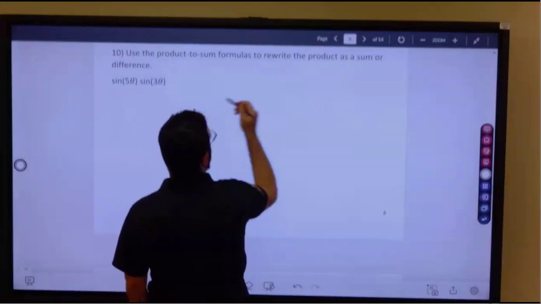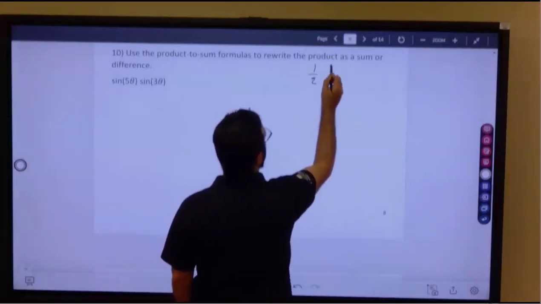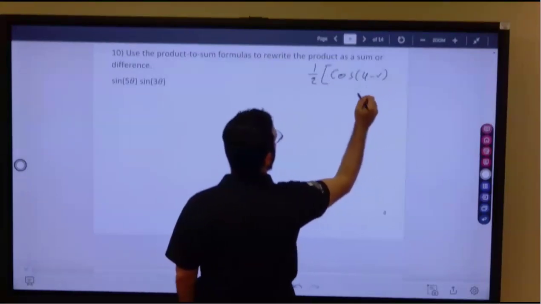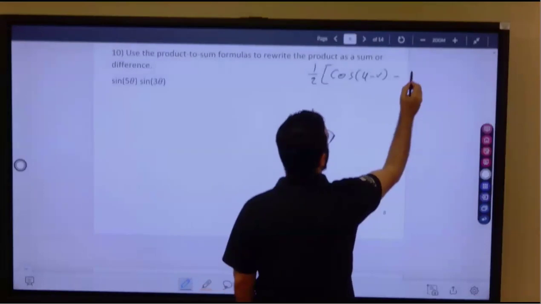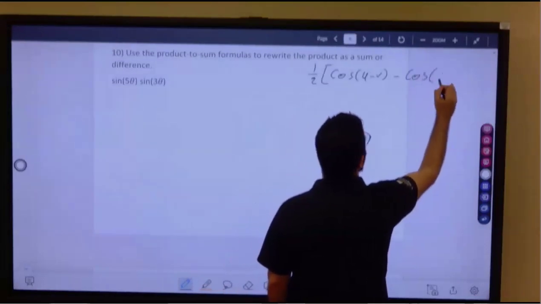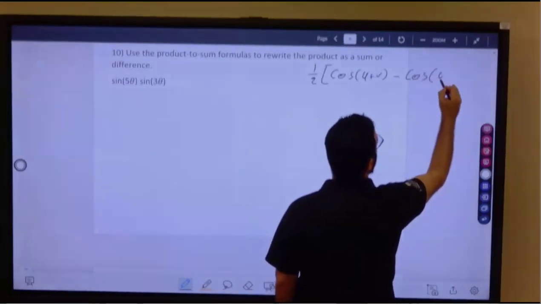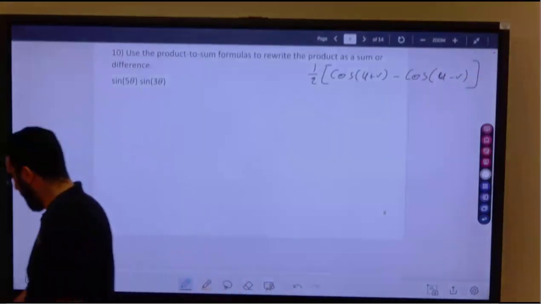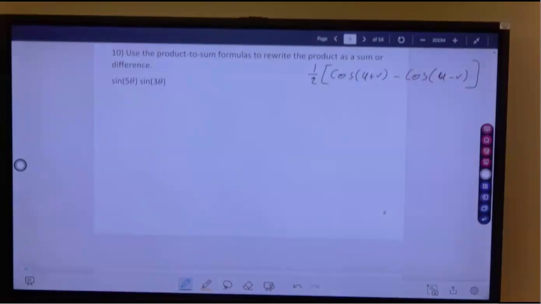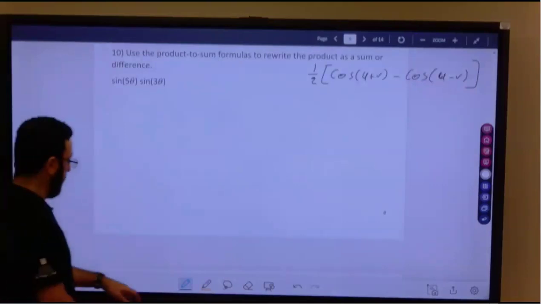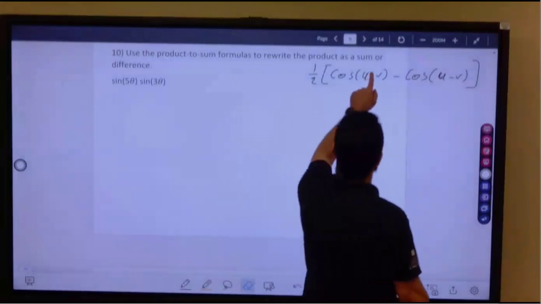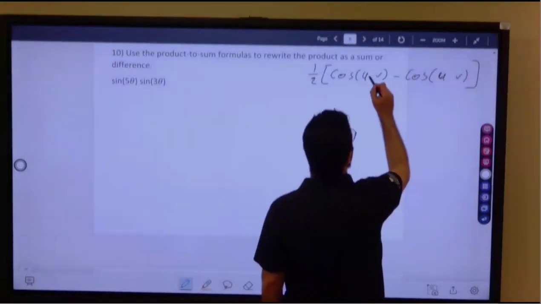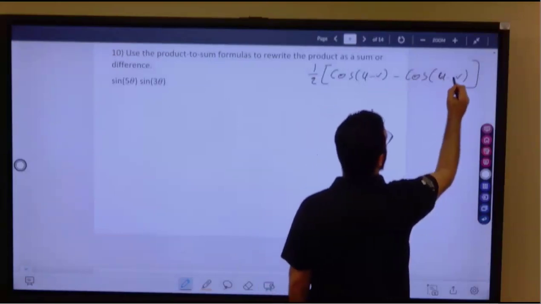If it's sine, so it's half cosine u minus v, minus cosine, here's a plus and here's minus, u plus v. So this is the formula, and that's what we need to use. The first one is u minus v. When we have sine, this is minus and this is plus.